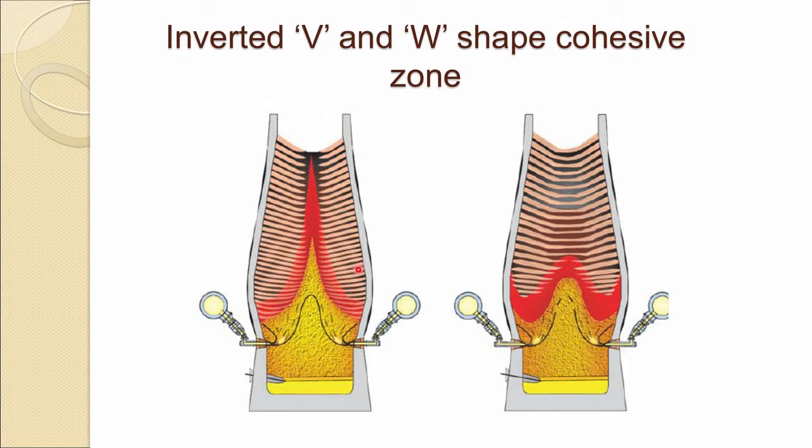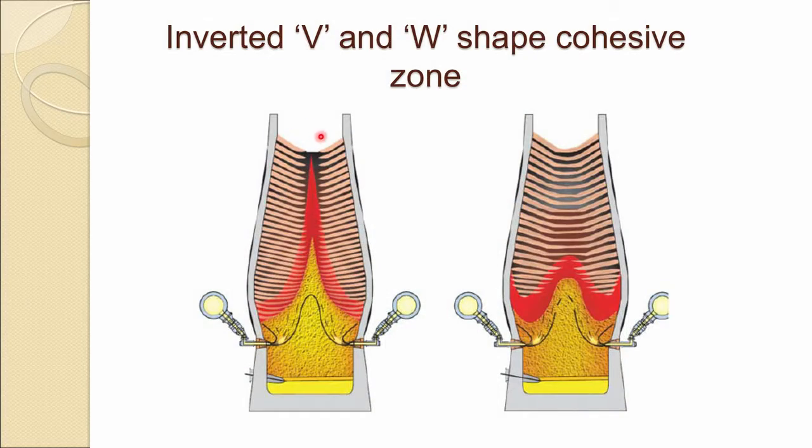So, one has to take proper care of that, and also the full potential of the reducing gases is not used in this. If it is quite porous, then without much reduction of the burden, they may pass, and top gases would have a higher potential, more CO and hydrogen.